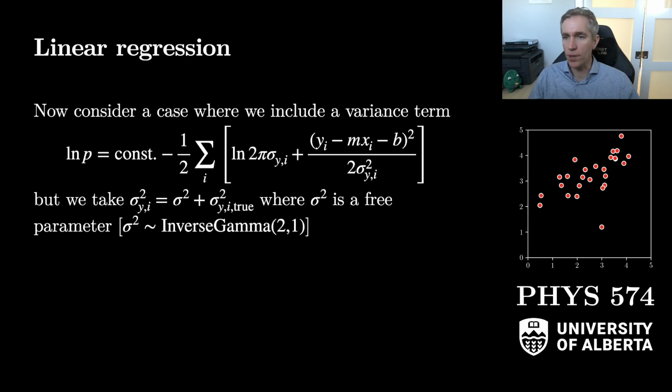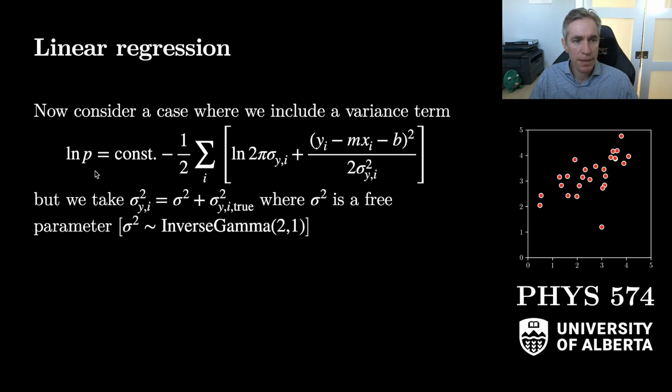Now, what we'd like to do is use the framework of MCMC and return to the case of our linear regression model. But in this case, we're going to assume that there's some intrinsic variance, and this additional extra variance, sigma squared, is going to be a free parameter. We'll lay down a prior that's an inverse gamma function with alpha equals 2 and beta equals 1.